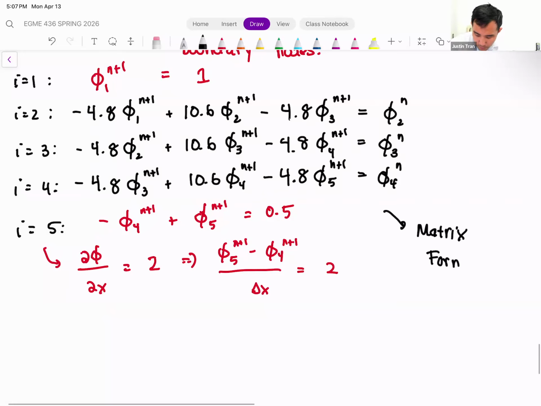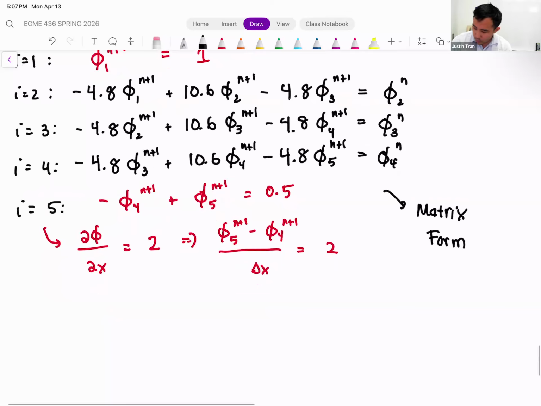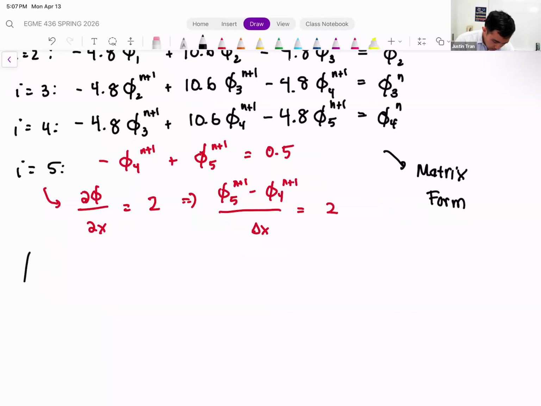So we're going to extract the coefficients from these expressions and put them into a matrix. When we do that, we get the following 5 by 5 matrix. The first row is just going to be 1, 0, 0, 0, 0, and then minus 4.8, 10.6, minus 4.8, and then 0, 0.